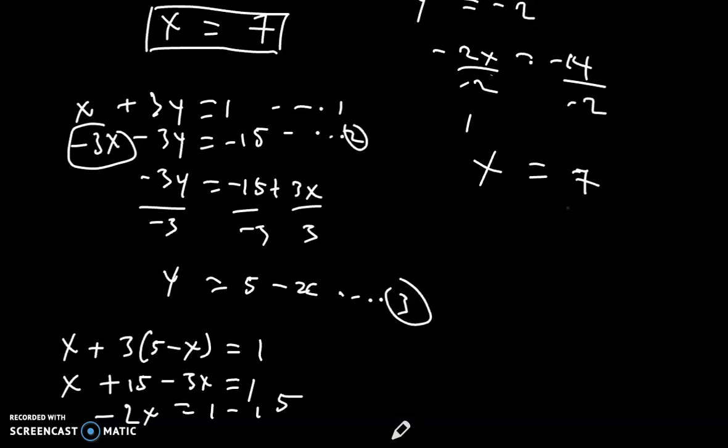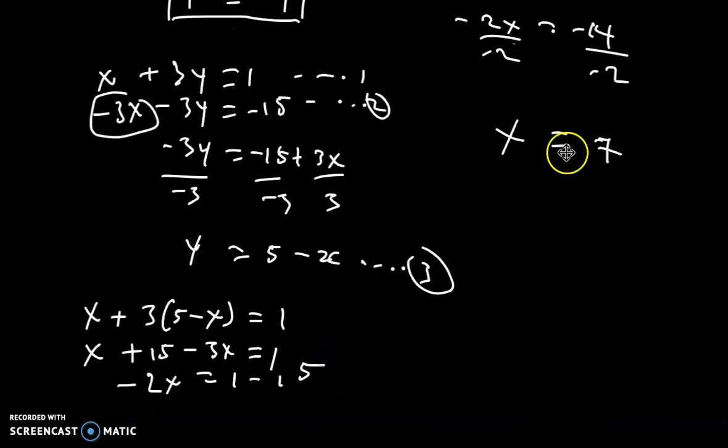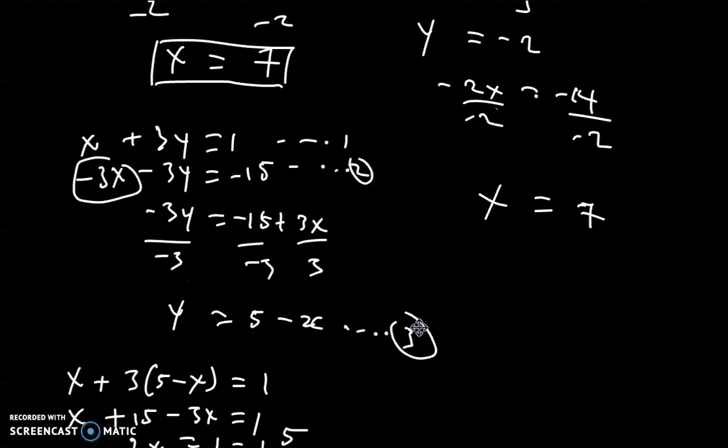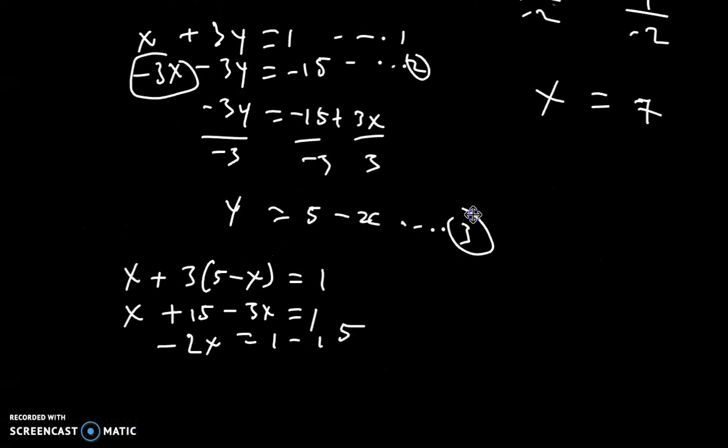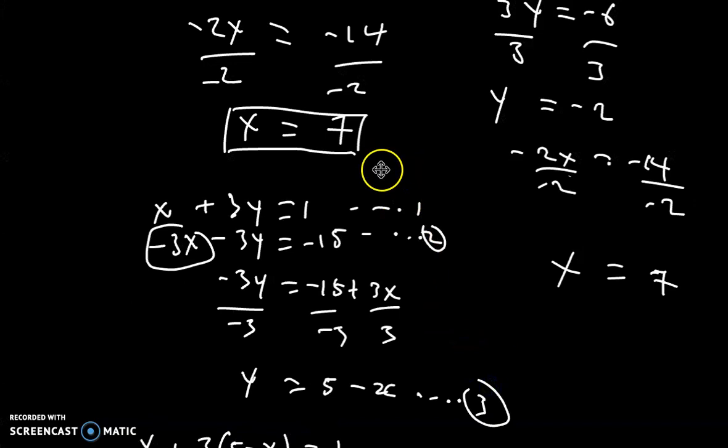If you observe what we have above, you will notice that when we solve using substitution, we have our x value to be 7 and our y value to be negative 2, which is the same thing we have using elimination.